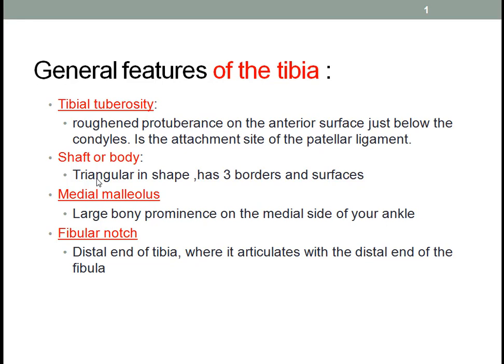And also we have the tibial tuberosity, the shaft or the body, and the medial malleolus, which is found distally at the ankle joint, and the fibular notch also, which is bounded distally and articulates with the fibula.